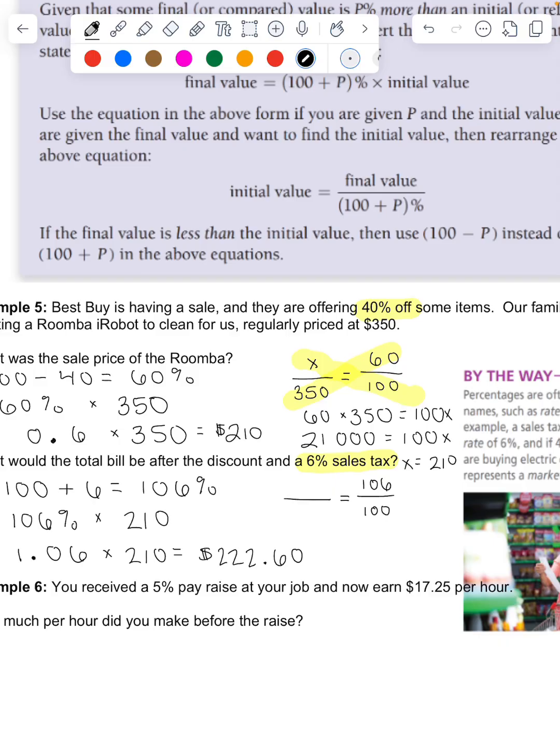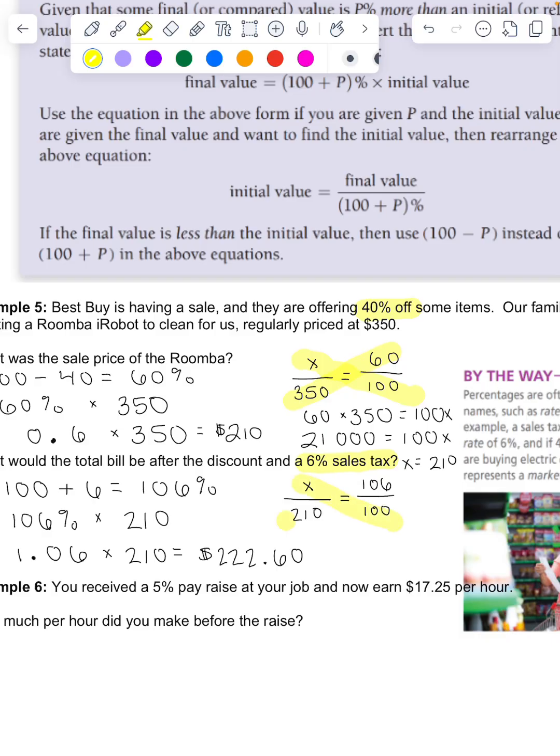I'm trying to figure out when I pay the 106%, what my new price will be. So x is going to go next to the 106, and my sale price of $210 is going to go in the denominator.